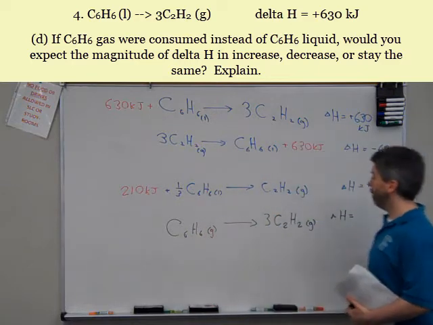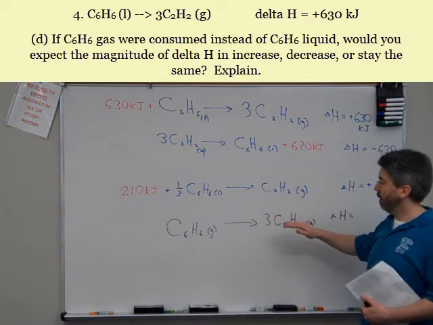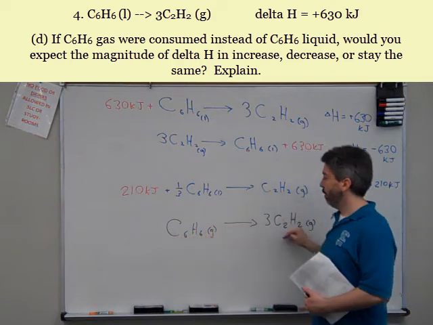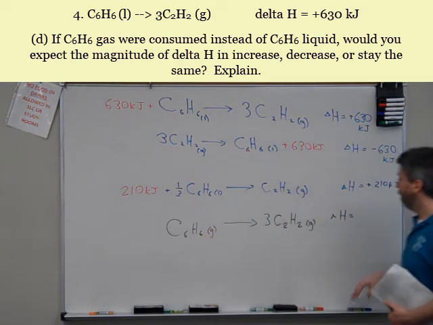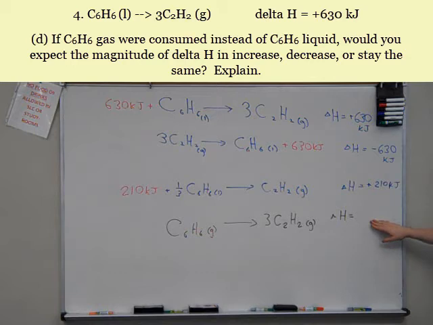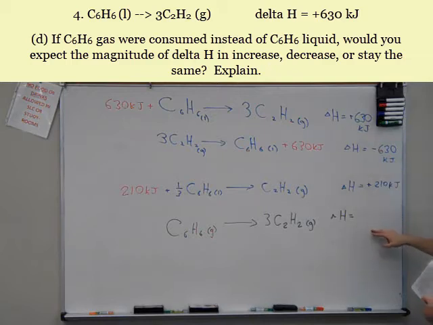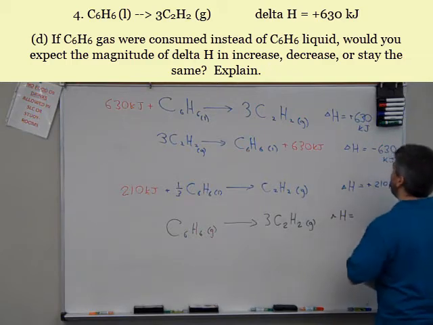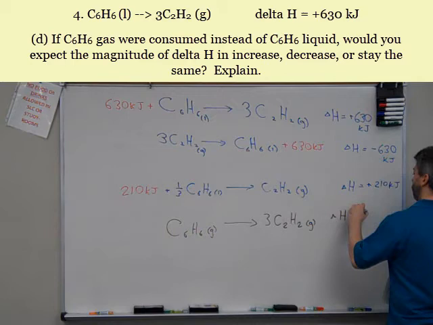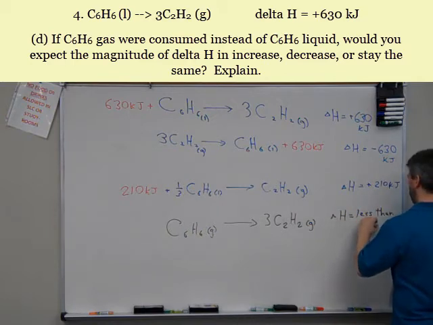And if this is higher energy, it's this minus this, so if I'm subtracting a larger number, what's that going to do to the delta H here? It's going to decrease it. It's going to make it more negative or less positive. In this case, it's still pretty darn positive here. So in all likelihood, it's going to be less than 630 kilojoules.